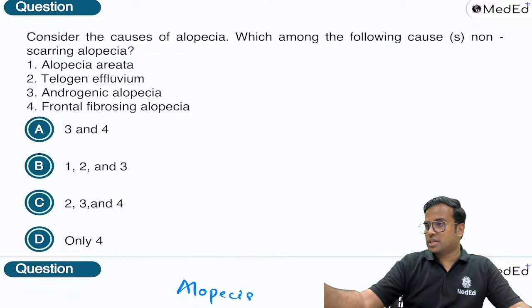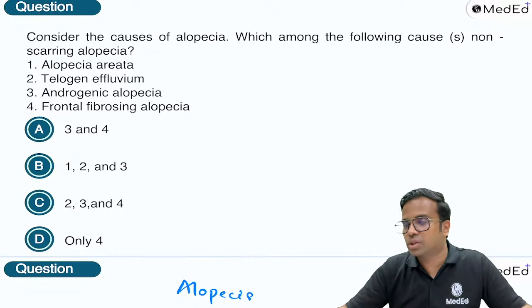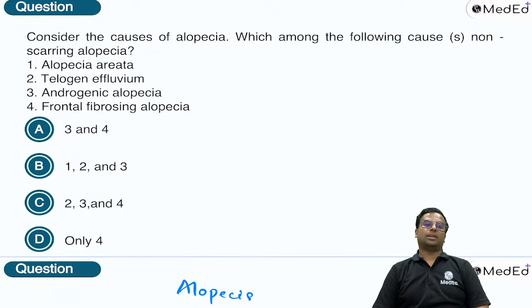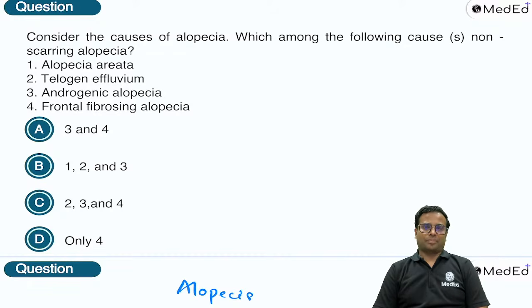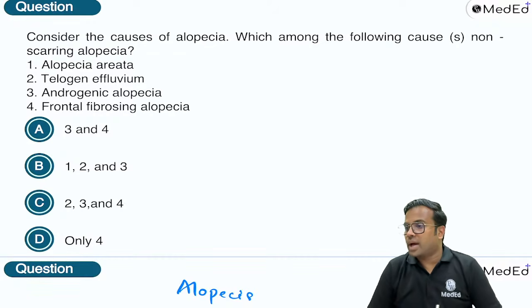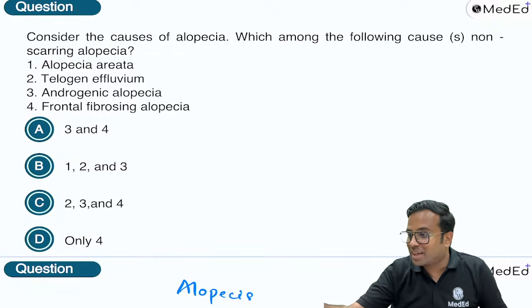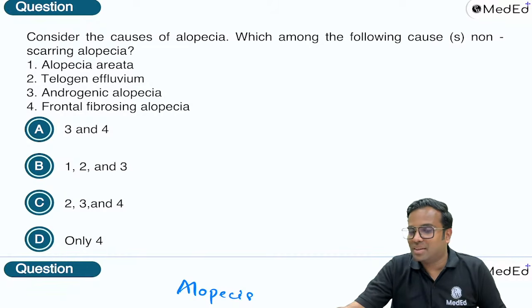Let me give you a few seconds in the chat box to see if you can get this one right, because we have multiple options correct, or just one? Petals is saying option B, 1, 2, and 3.